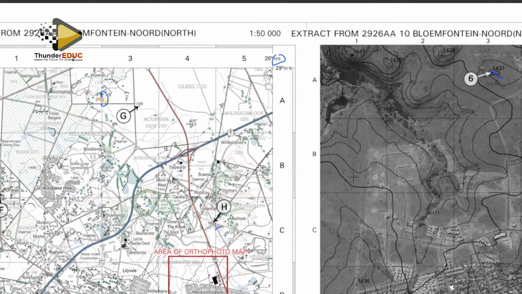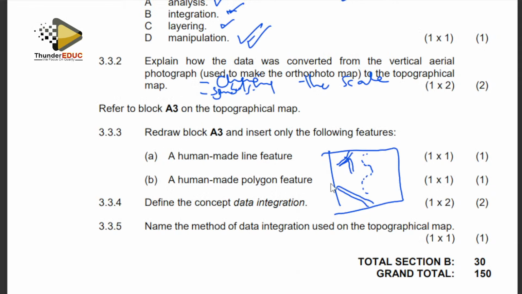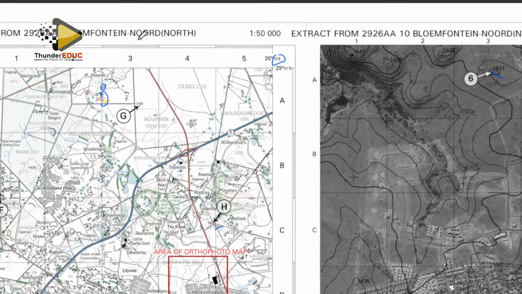Okay, there's a polygon feature here. All those ones are making shapes. So we are looking at something that makes a shape. So we come here. There is this and this on top there. There is this one here, and there is something here that looks like this. You see that? It doesn't require someone who is an artist to draw that.